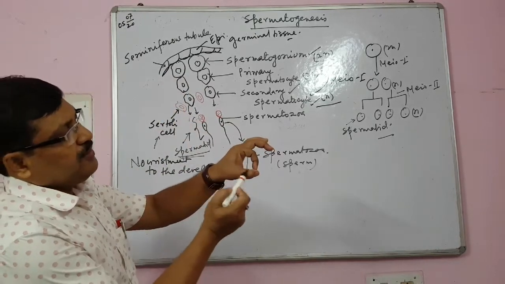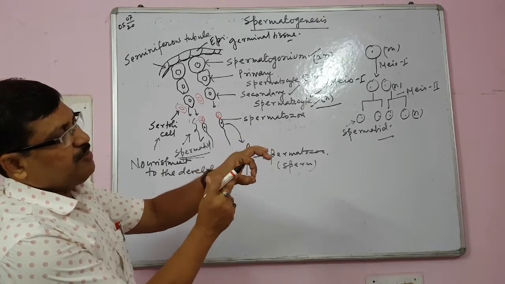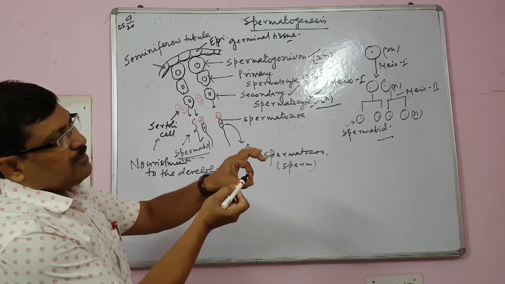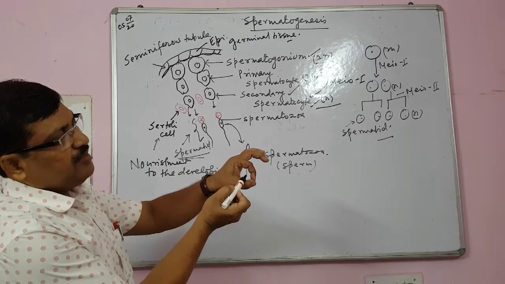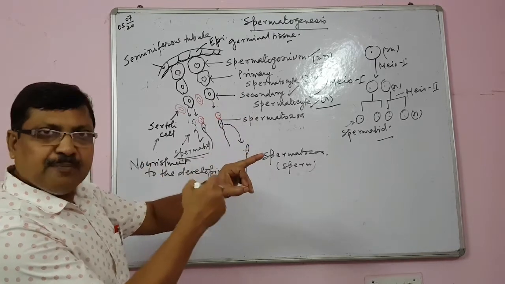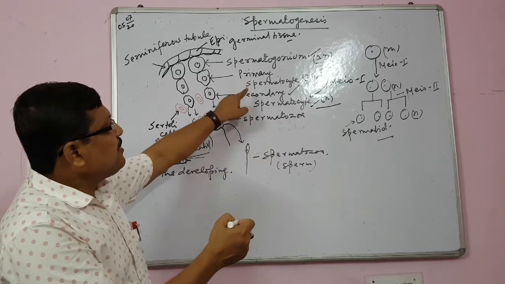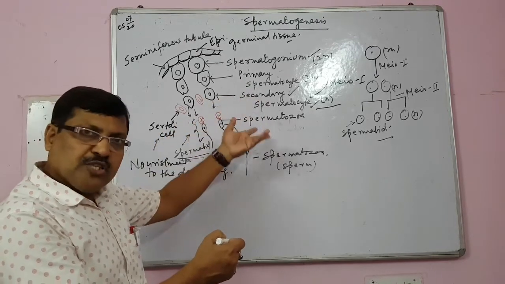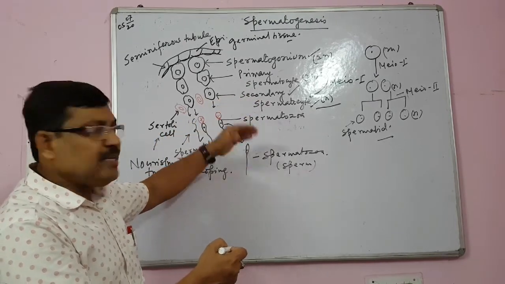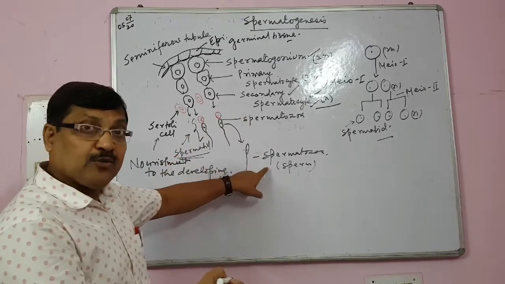Suppose this circular structure of my finger is the seminiferous tubule. So these are the epithelial germinal cells, and these cells form spermatogonia, then primary spermatocyte by the process of mitosis, and then the primary spermatocyte undergoes meiosis 1, forming secondary spermatocyte, and then a spermatid, and then a spermatozoa.